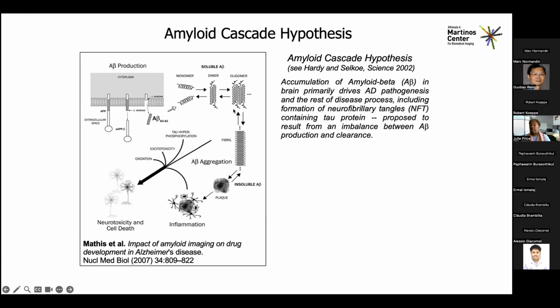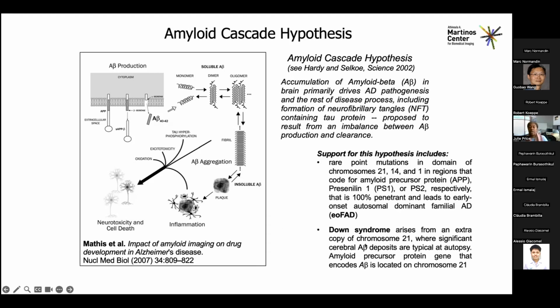If not cleared appropriately in a healthy way, they can begin to form oligomers, and that creates a toxic environment. This hypothesis postulates that it is that toxic environment that leads to the tau hyperphosphorylation and cell death. There are examples that support this hypothesis, including chromosomal mutations that lead to early onset Alzheimer's disease, and also chromosomal abnormalities in Down syndrome that lead to the accumulation of amyloid and tau.